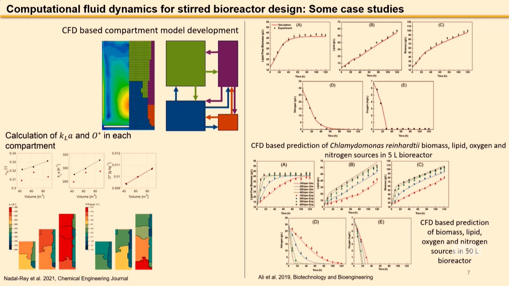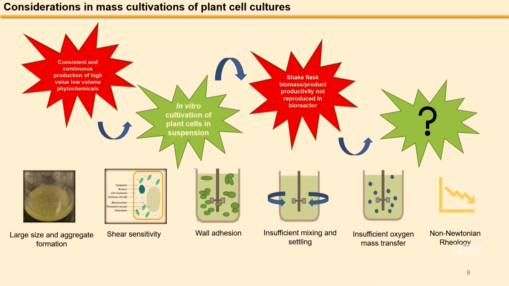So with all this background, looking into plant cell cultures in specific. Plant cell cultures are basically a technology where we grow the plant cells in suspension. Why? Because for the production of products, if we go for the normal extraction from actual natural plants, there is a lot of inconsistency in the product yield and also non-availability.